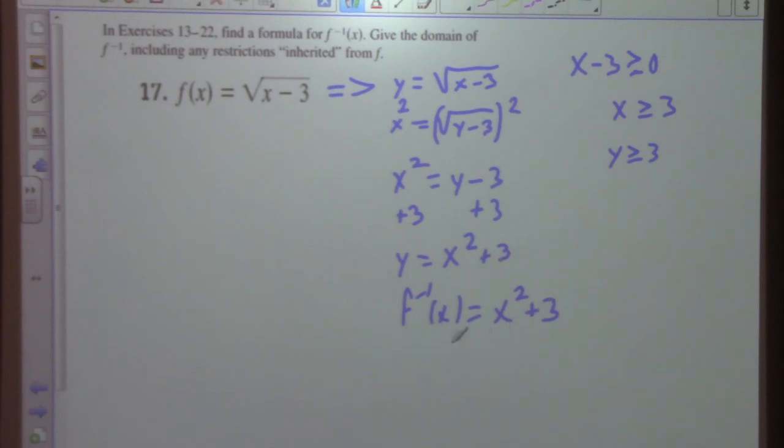All right. Now, here's where the restrictions come in, and really you have to sort of graph to see what happens here. Does anybody know what this square root of x minus 3 looks like? Well, it's the square root function shifted which direction? To the right. A la derecha, which means to the right.